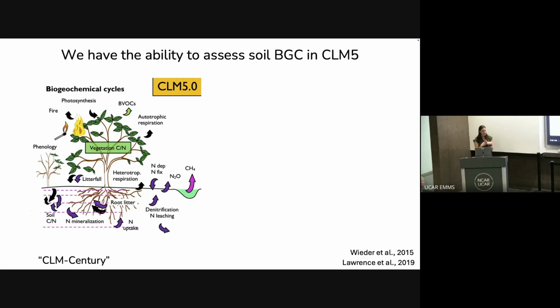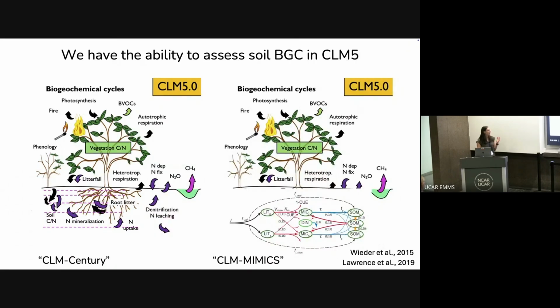Unfortunately, CLM6 has two different types of soil biogeochemical models we can use. And we heard a little bit about this yesterday. What I call the default model is CLM Century. It's a Century-like model, which is this classic understanding of soil decomposition that we put in our models. And then we also can use CLM with MIMICS, a model developed by Will now over 10 years ago.